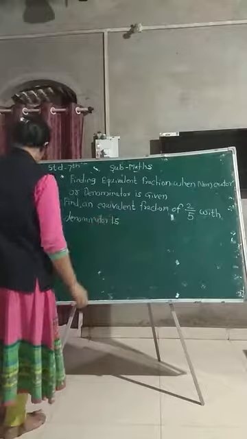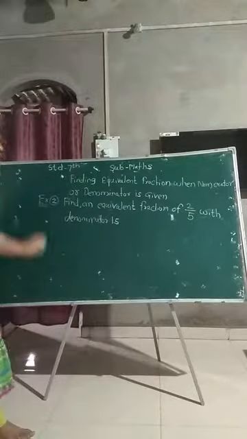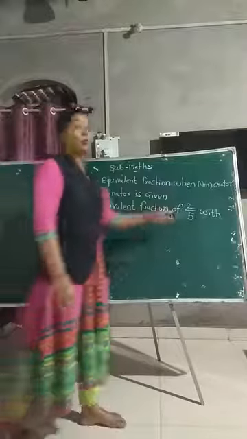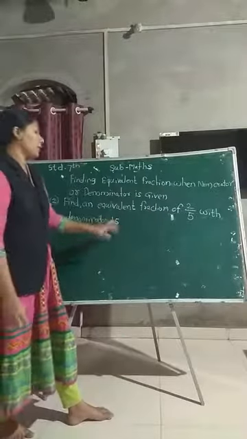Here the example is find an equivalent fraction of 2 upon 5 with denominator 15.